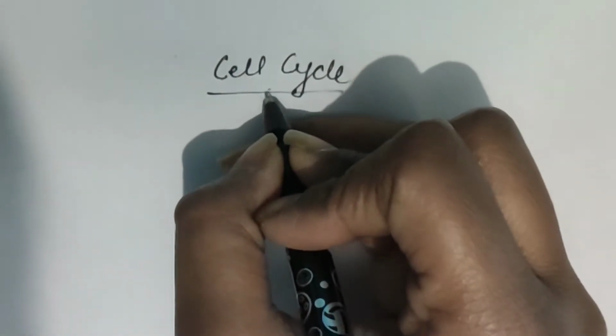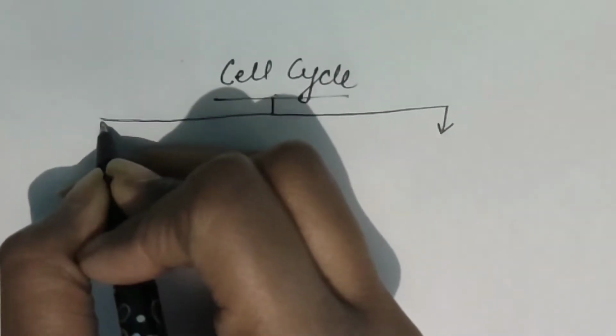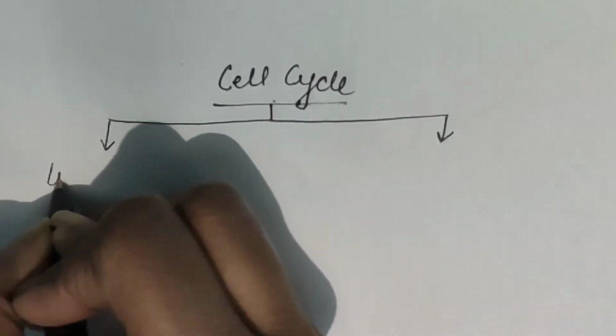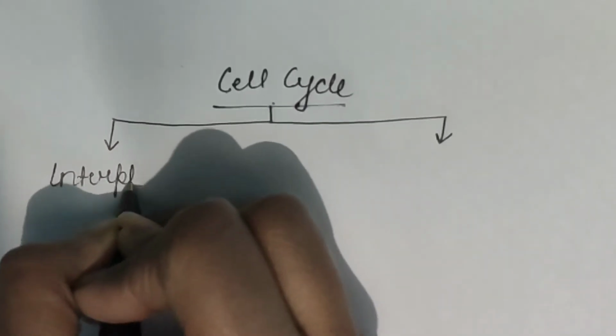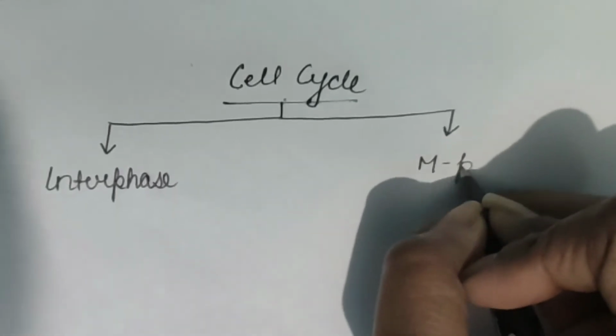So the cell cycle is basically divided into two main phases. The first phase is called interphase and the other phase is called M phase.